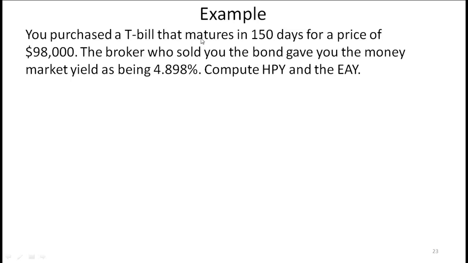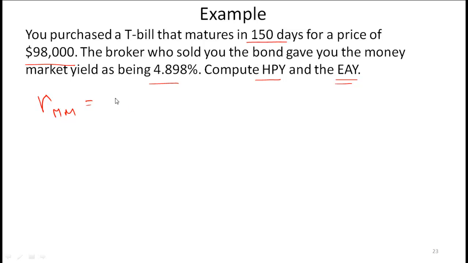Say you purchase a T-bill that matures in 150 days for a price of 98,000. The broker who sold you the bond gave you the money market yield as being this. Compute the holding period yield and the effective annual yield. Let's go back and look at the formula for the money market yield.